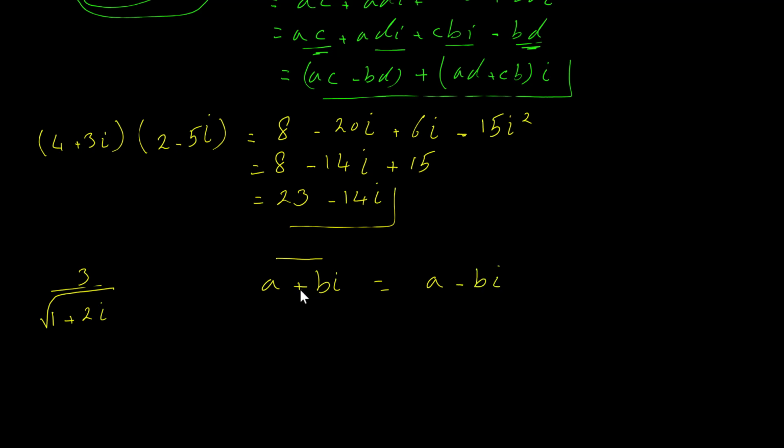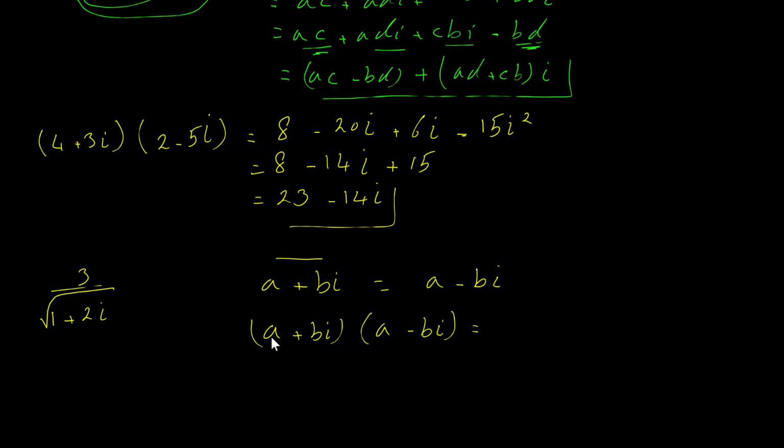So we change the sign of the imaginary part, and that gives us the conjugate of it. Now, if we multiply a complex number by its conjugate, what do we get? So if we multiply a plus bi by its conjugate, a minus bi, what do we get?